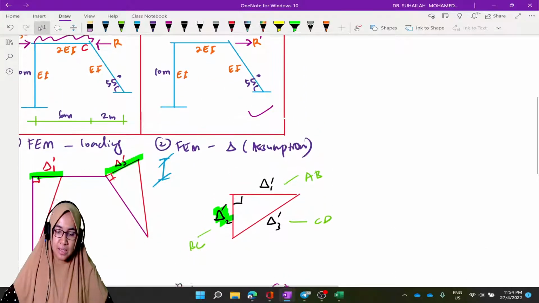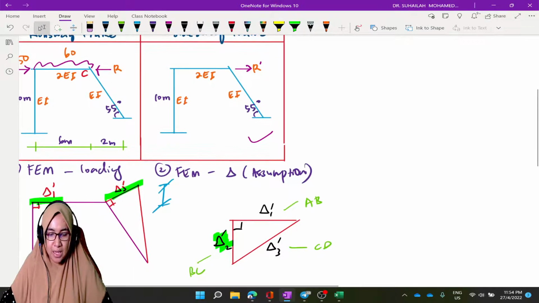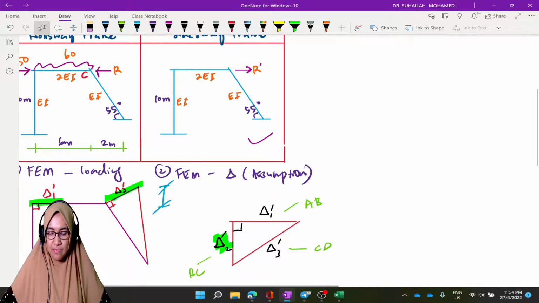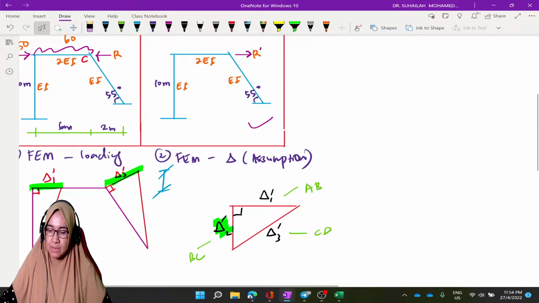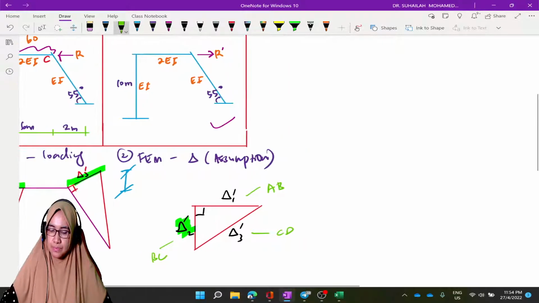The angle is given as 55. It is like this.